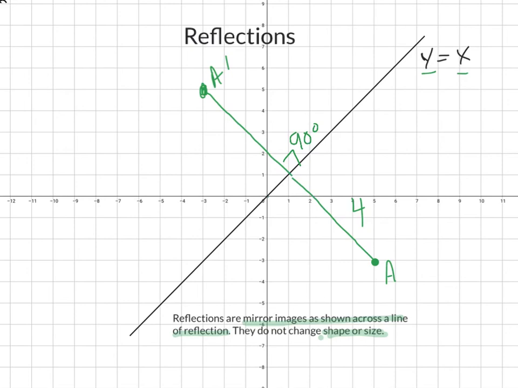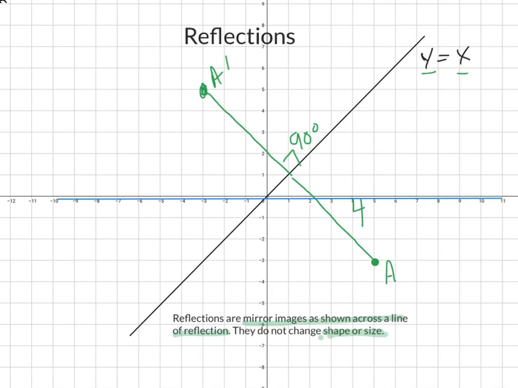Now let's say instead of going over line XY, maybe I wanted to go over the x-axis. Let me take another line here. I'll do it in blue. And let's put this here to represent the x-axis. All right, just assume that that's the x-axis there. And now let's say we want to take point A, and I'll do it in a different color.